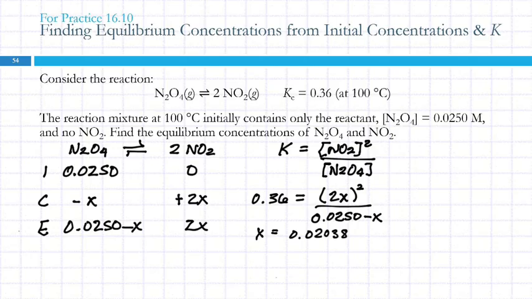So, what am I looking at here? N2O4 is 0.0250 minus... Oh my god, I love pictures.